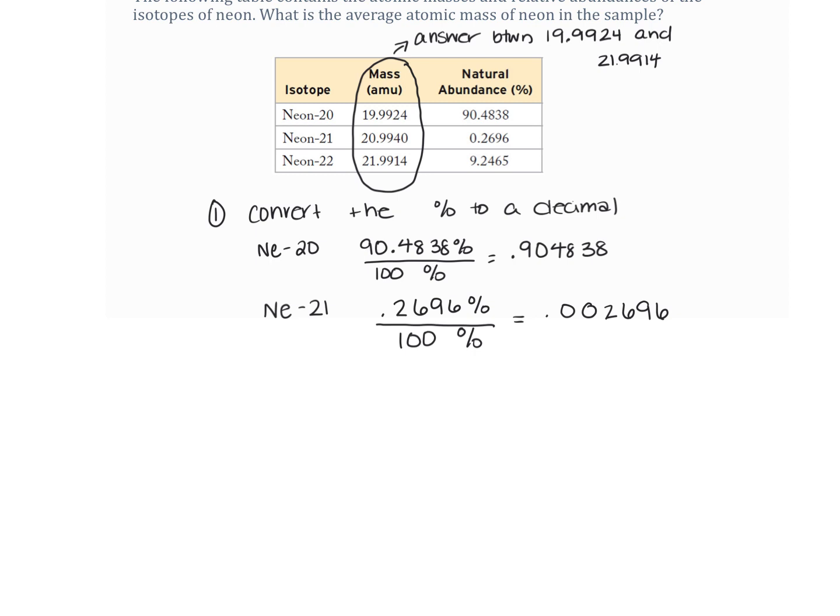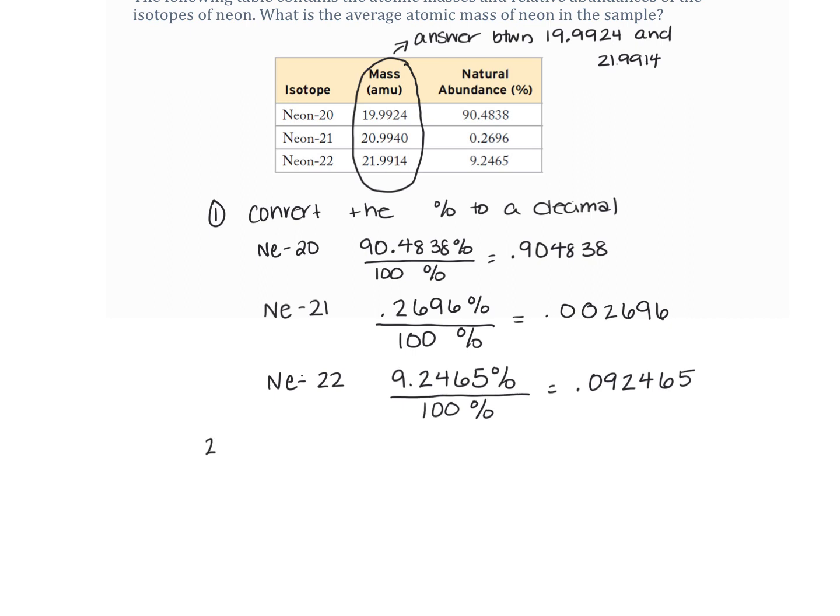Sorry, I was looking at the wrong place in my notes. Then we're going to come here and we're going to go to neon 22. And we're going to see it's 9.2465%. We're going to divide that by 100%. When we do that, we get 0.092465 as our decimal. Okay, so that's the first step.